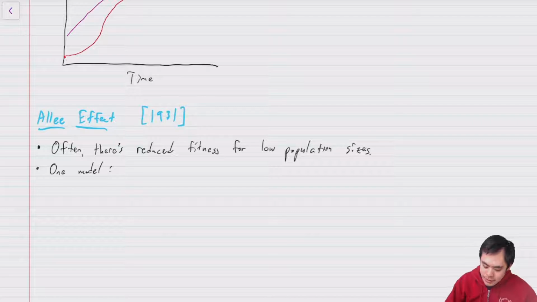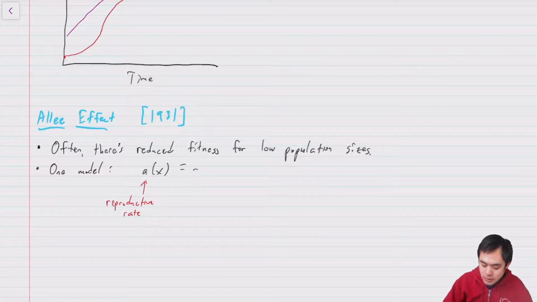say that a of x, of course this is the reproductive rate, and x is the population size. Let's say that that's equal to a1 plus a2x plus a3x squared.